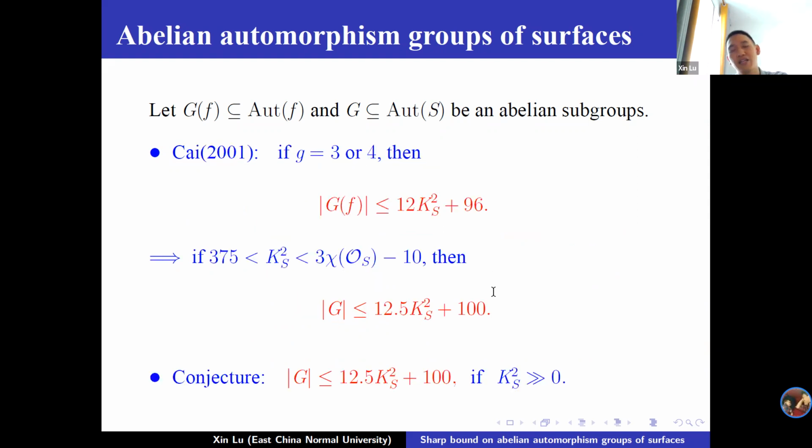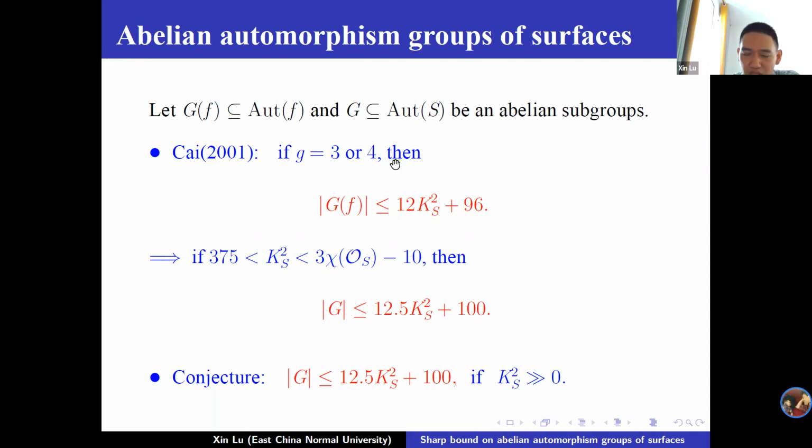Okay. And later, Jinxin Cai considered this question for the case when the genus of the general fiber is equal to 3 or 4. And in this case, Jinxin Cai proved an upper bound for the abelian subgroup of the automorphism group of the fibration. So |G| is bounded above by 20 K_S square plus 19.6.